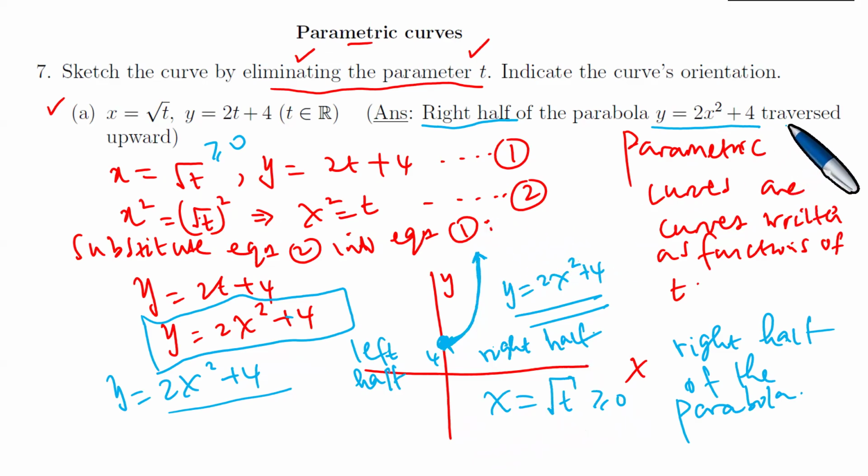By the word traversed, we mean being traced or drawn. It is traversed upward because it traces its path upward, since when x increases, y also increases, so it's an upward graph.